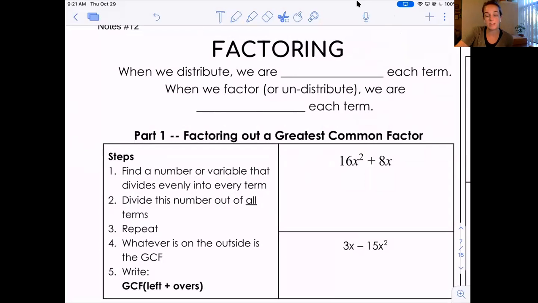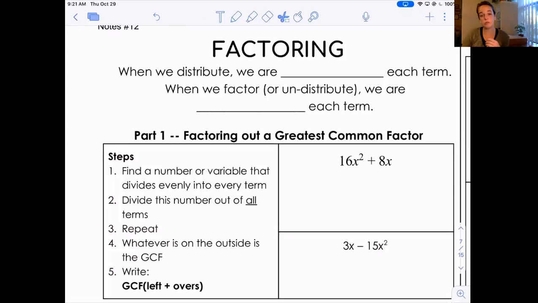We're gonna jump in with factoring. Factoring is when we take things and break them into pieces. When we're distributing, we're taking a number and putting it into something, so we are multiplying each term.